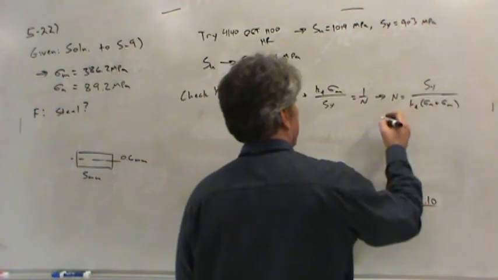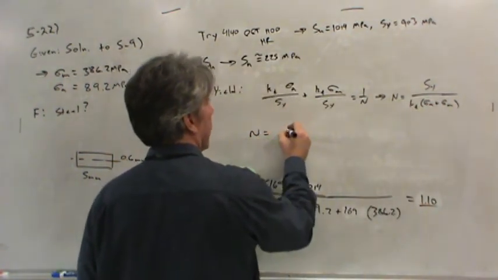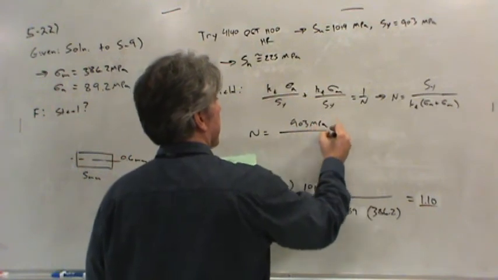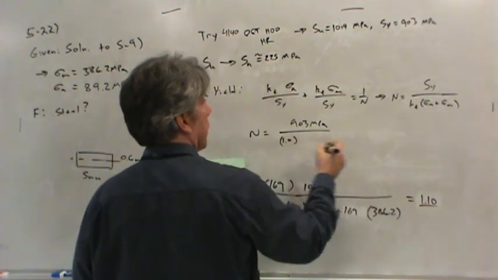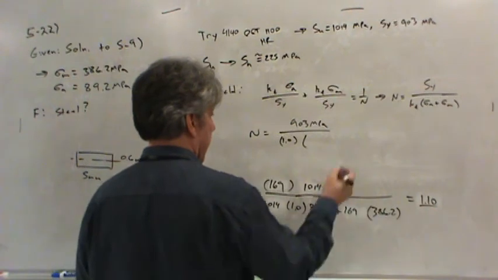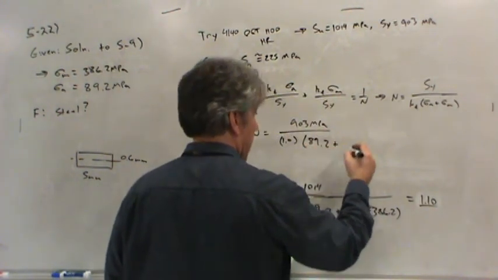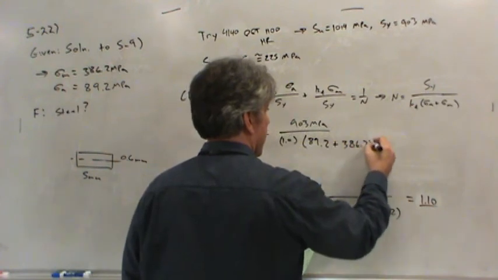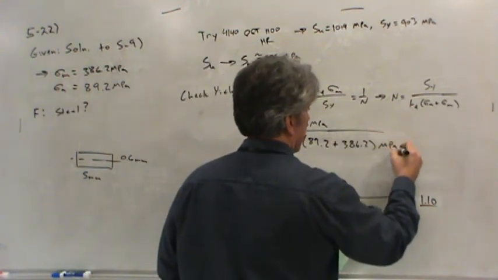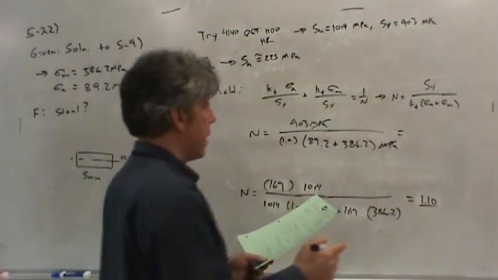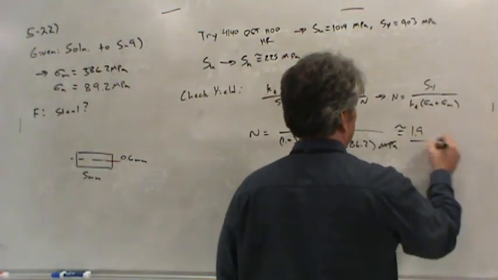The stress concentration factor I'm still going to set to 1. The yield strength is 903 megapascals. And the amplitude of the alternating stress is 89.2 megapascals. The average stress is 386.2 megapascals. Sure enough, units cancel as they should. And so now I get about 1.9.